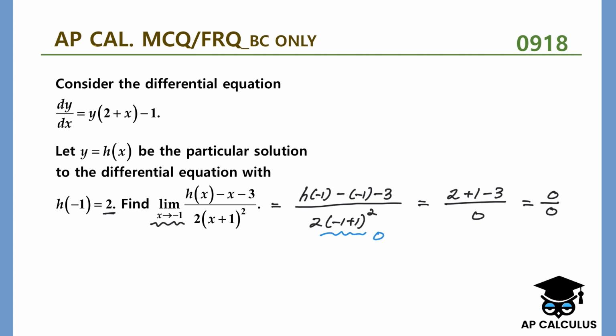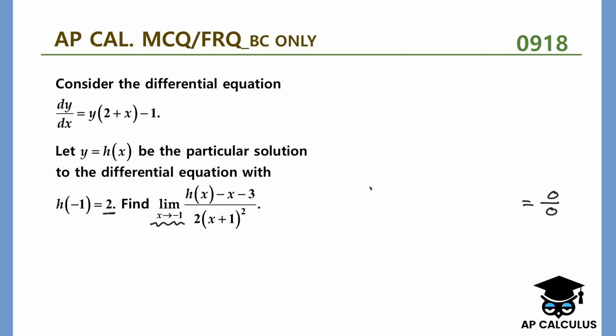Okay, I'm going to erase all of this expression. So this limit is equal to, by applying L'Hopital's rule, the limit as x approaches -1 of the derivative of the numerator, that's h prime of x minus 1, over the derivative of the denominator, this is 4 times (x plus 1) to the power of 1.